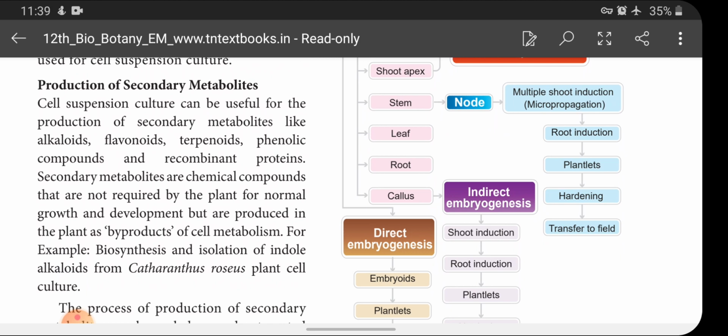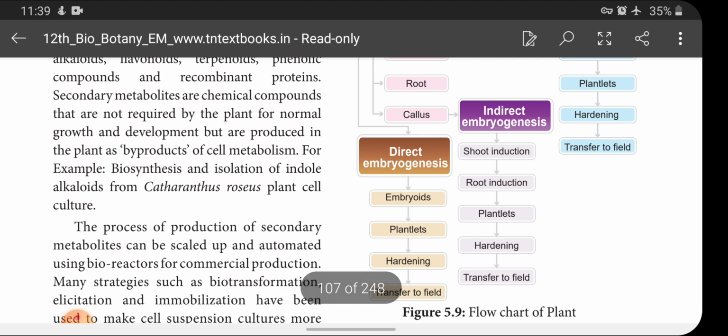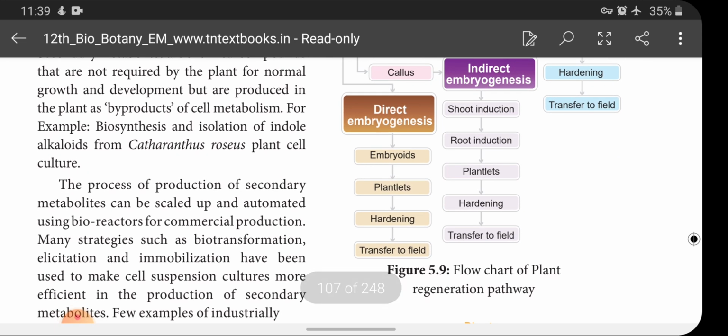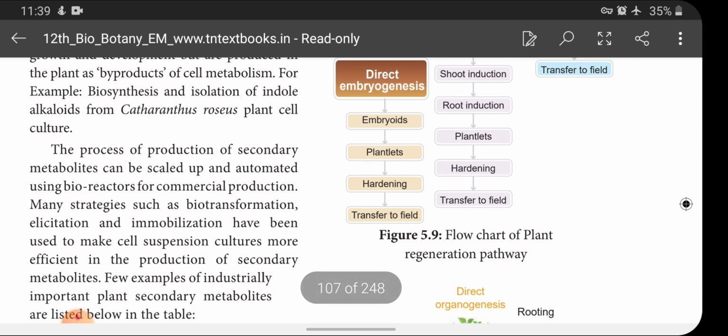For example, biosynthesis and isolation of indole alkaloids from Catharanthus roseus plant cell culture. These indole alkaloids are not necessary for plant growth and development, but are produced as a byproduct. The production of secondary metabolites can be scaled up and automated using bioreactors for commercial production.